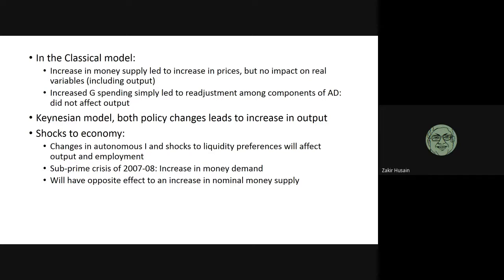Other things constant, given the rate of interest, for some reason, people lose confidence in banks, so they prefer to hold liquid money rather than invest in bonds. For instance, during the subprime crisis of 2007-8, there was an increase in money demand. People felt that financial institutes were not trustworthy.